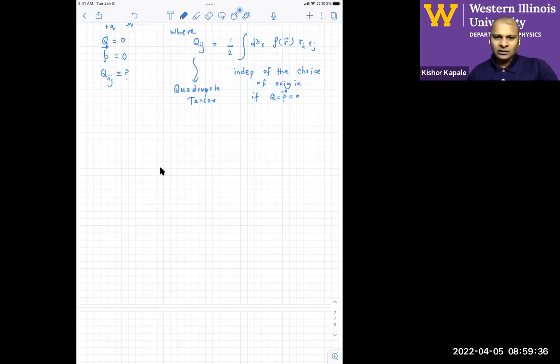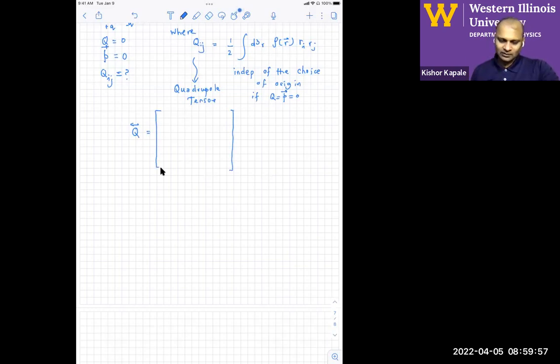Okay, so let's write down the tensor Q. It turns out Q has some interesting properties. Normally Qij, a two-index tensor, would have, because i and j run over 1, 2, 3, right? 3 dimensions.